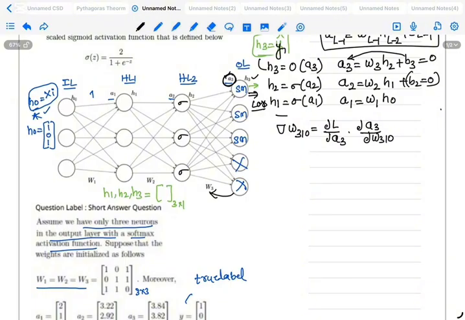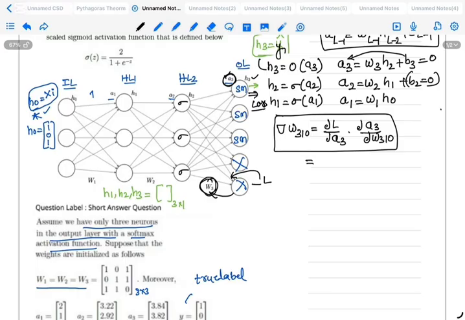This you have to remember, dou L by dou A3. Here in this last layer L is there, you can go back, that is L is in terms of A3, that is partial differentiation with respect to A3. Next, A3 with respect to weights, here the weight is W3.